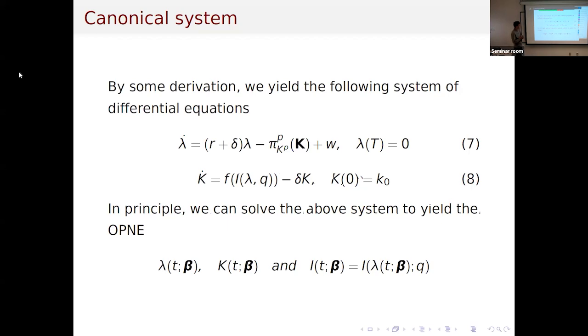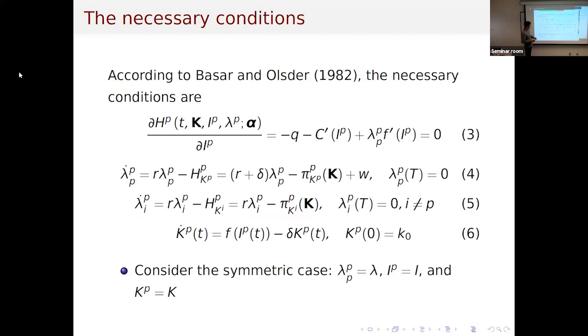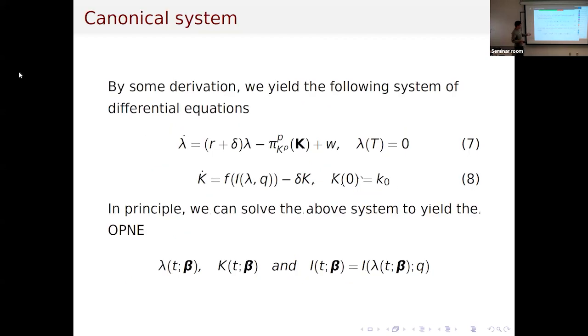After that, by some standard math derivation, we will get the following system of differential equations, which came from equations 4 and 6. In principle, we can solve these two ODEs to get the solutions lambda and k, at least in principle.